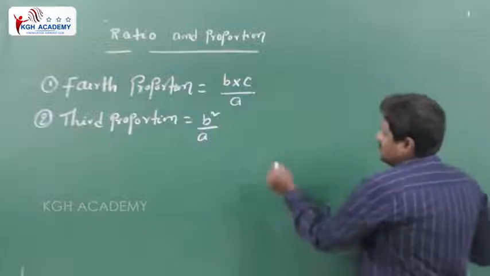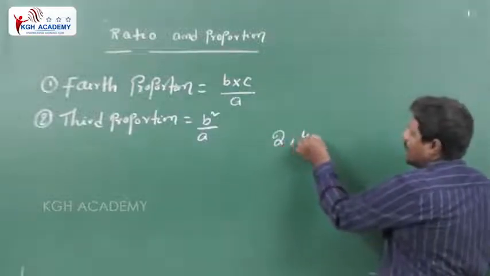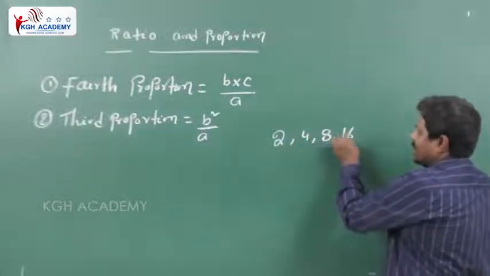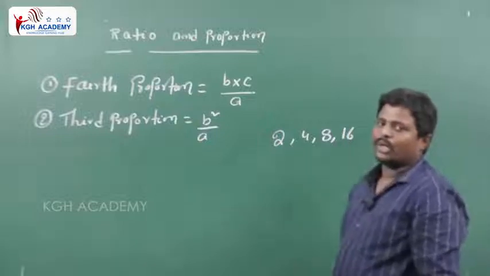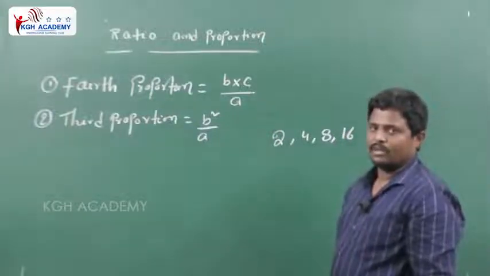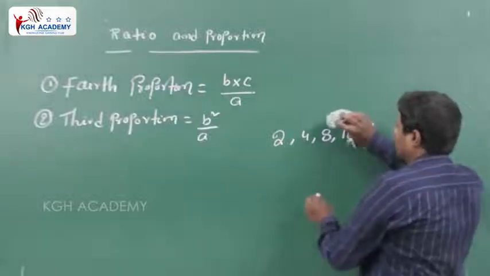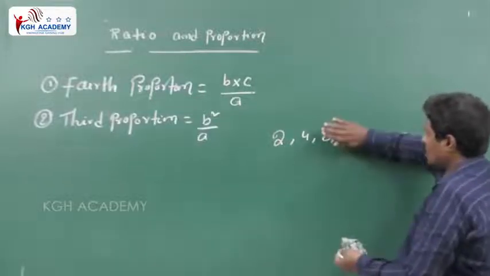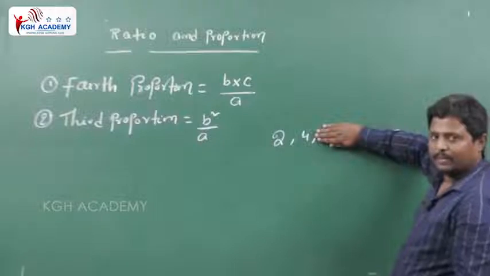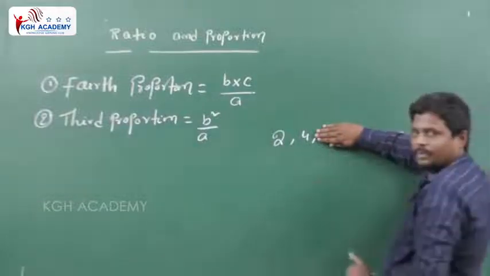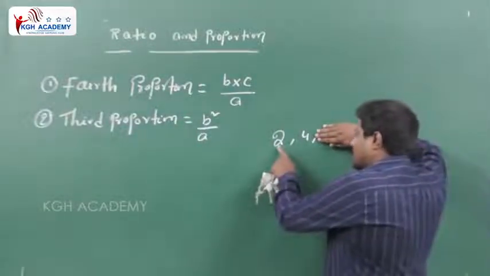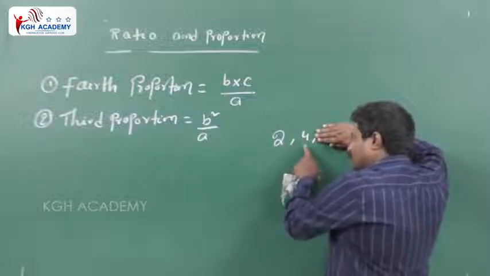Again, take that same example, 2, 4, 8, 16. We want the third proportion. Let us suppose we don't know these two numbers, this third number. We just need to apply the formula for these two numbers only.